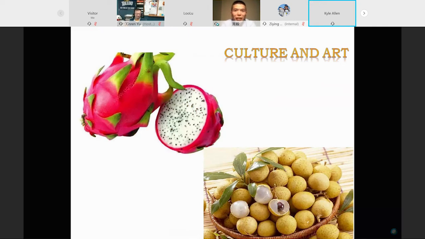See, we call it dragon fruit too. The first one we call fire dragon fruit because it's red, just like fire. And the next one we call dragon eye. English name, I think it's longan.